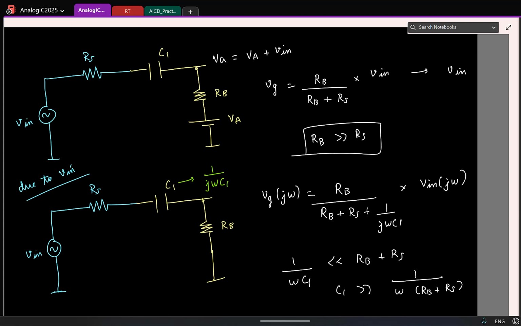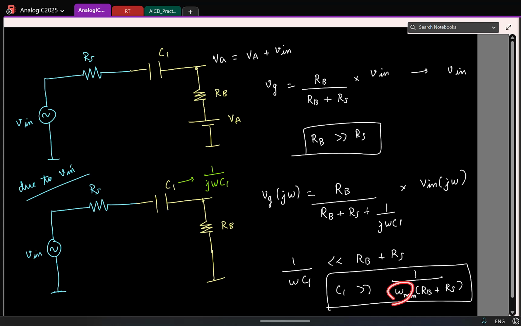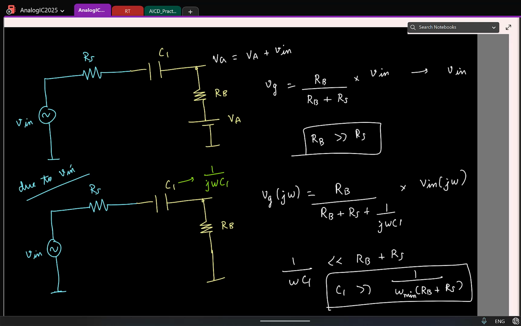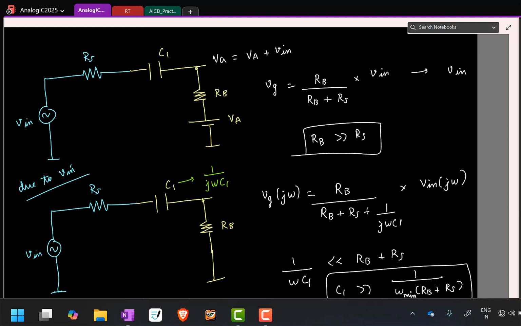So in my input I'll find the minimum sinusoidal frequency I have, and I use that minimum to get the absolute limit on C. Remember, omega is a variable, so I should use a value for the variable. I know the range of frequencies my input will have. So to find the minimum capacitance I should use, I'll take the minimum value of omega. Is that okay? So we'll stop here and we'll continue.